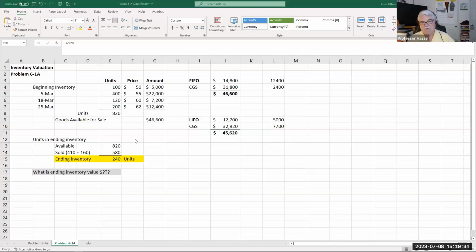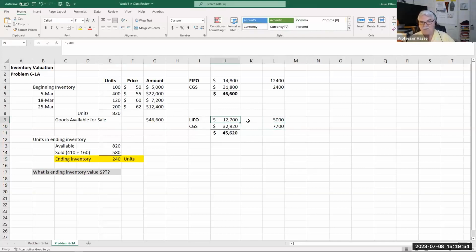So in last in, first out, the goods purchased last are the first ones sold. So your inventory is made up of your earliest purchases, 100 units at $50, and then 140 units at $55. 100 and 140 equals your ending inventory.